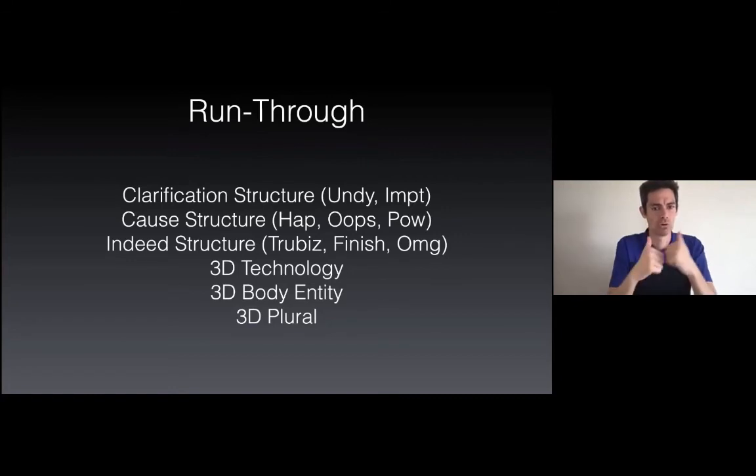Indeed structure, true biz, finish, OMG. So that structure, ASL has unique structure that's not really transferred into one word in English. There are so many different words you could choose that would be translated. So I want to touch on and run through these.